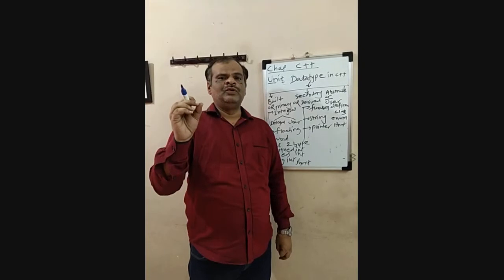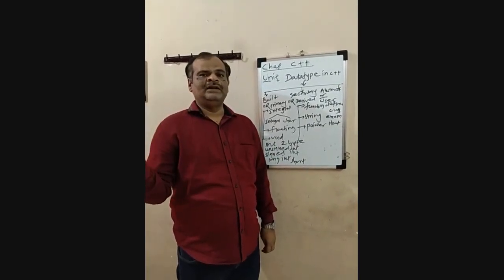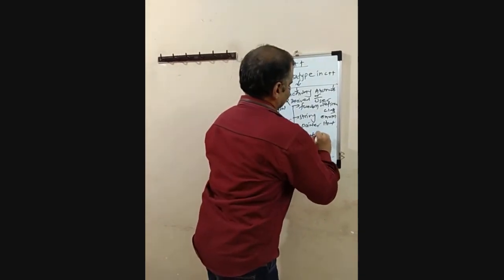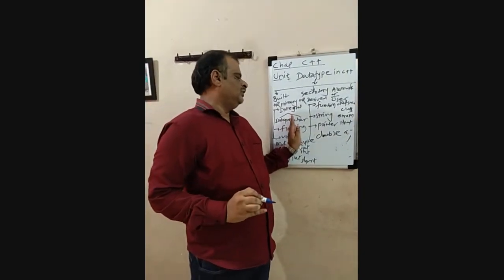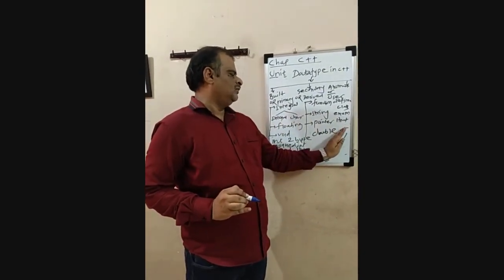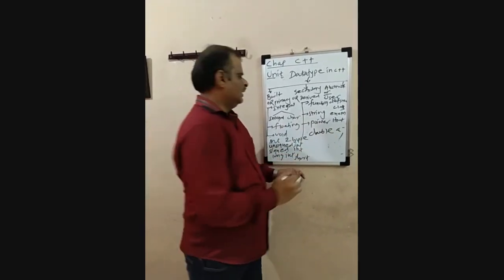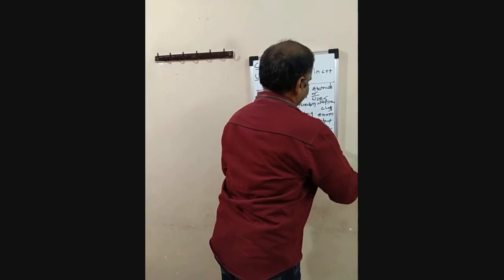Float a, that is variable a, is 4 bytes. Double is twice the float, so it has 8 bytes. And a long double is 10 bytes.